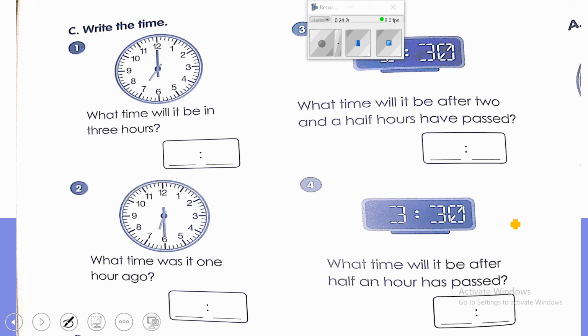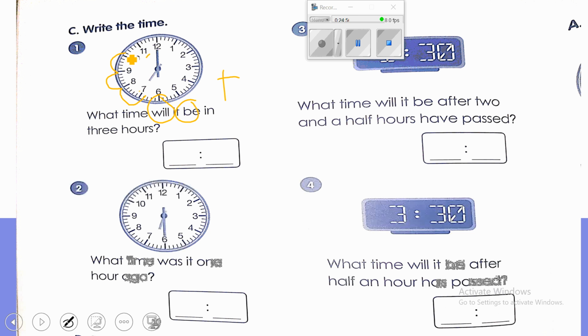Yes, here is a little bit tricky, but you can make it. Here is what time will be. Will be, that means after. So after 7, I want 3 hours. After 7 o'clock, add 3 hours. 7, 8, 9, 10. So 7, add 3 hours.